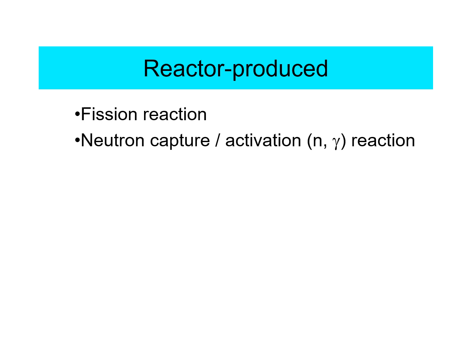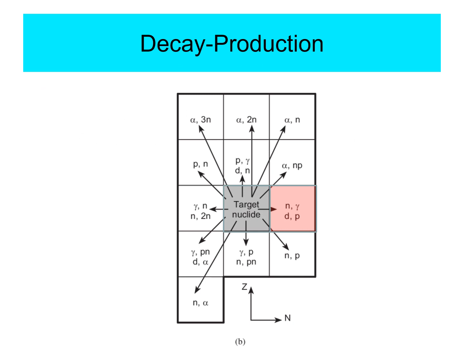Reactor-produced radionuclides can be divided into two. One is fission reaction, and the second is neutron capture or neutron activation reaction. If you look at this schematic, focus on the target nuclide, which is at the center.